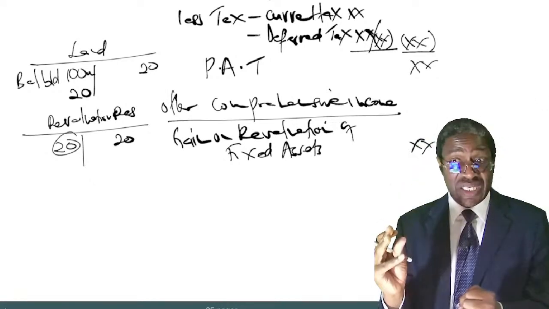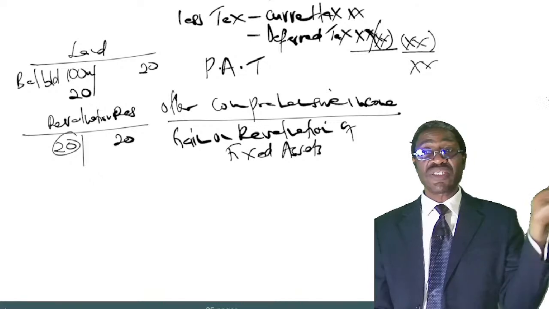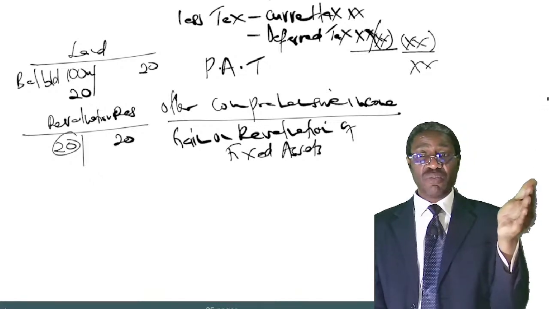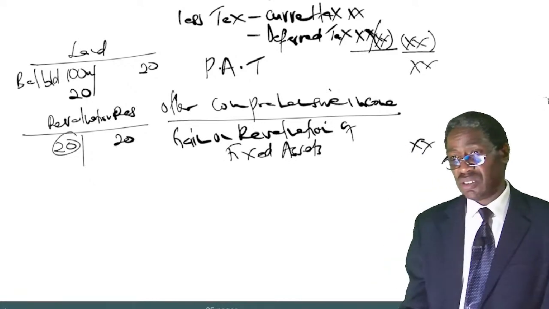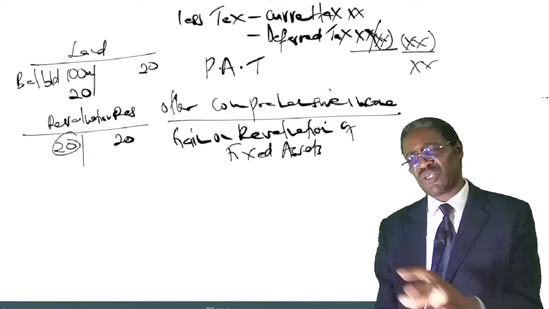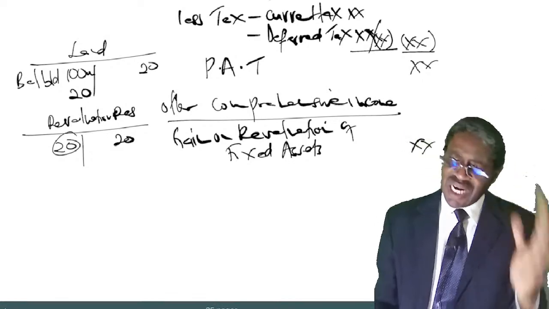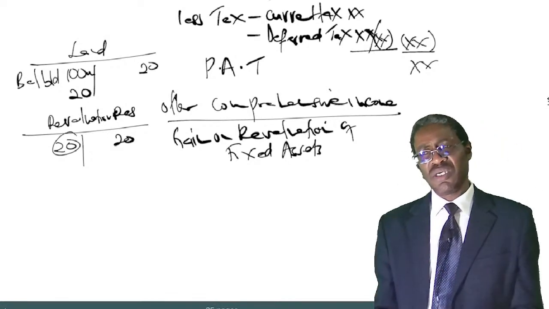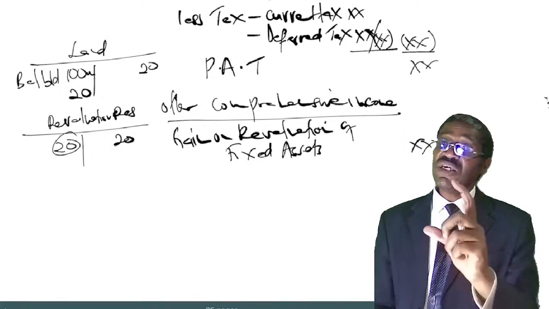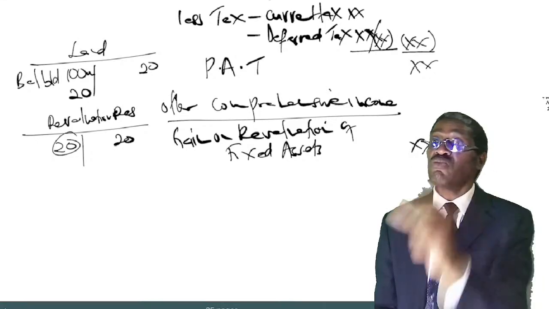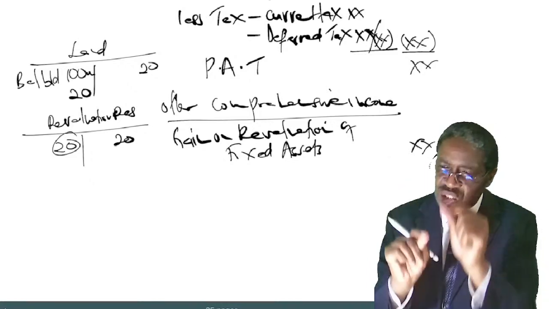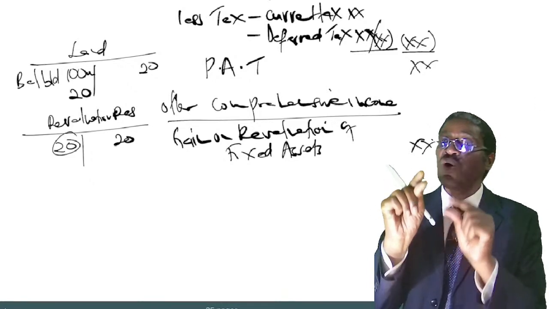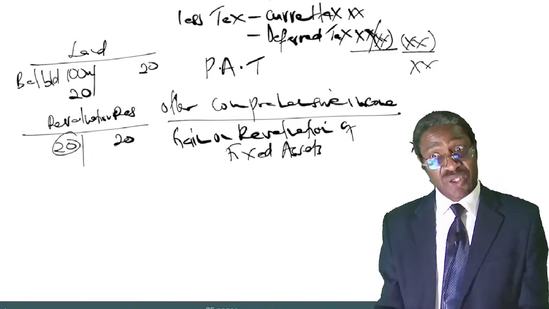When you are transacting, you will be required to translate your transactions from one currency to another currency. In the process of translating, automatically you may gain or you may lose. Why? Because of the fluctuations in the exchange rate.